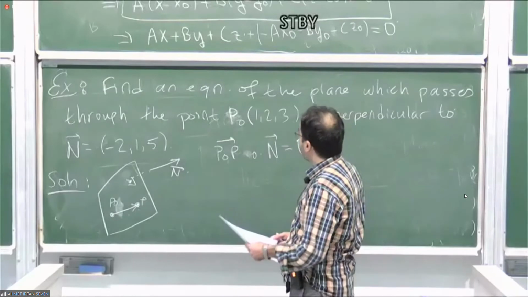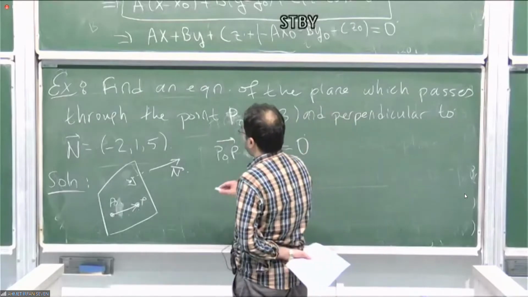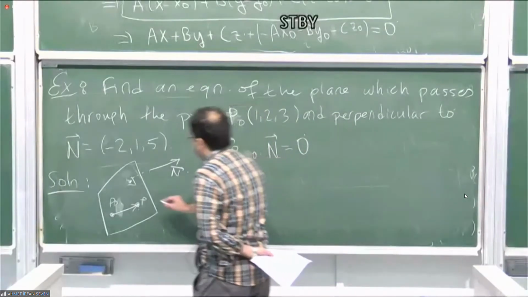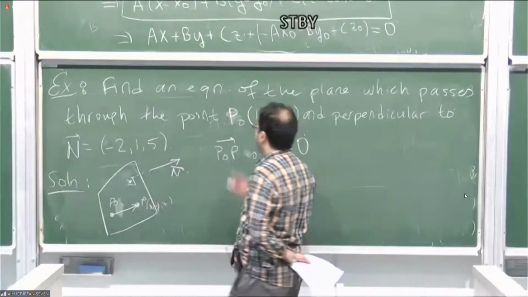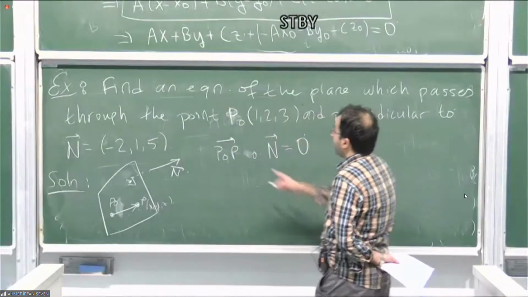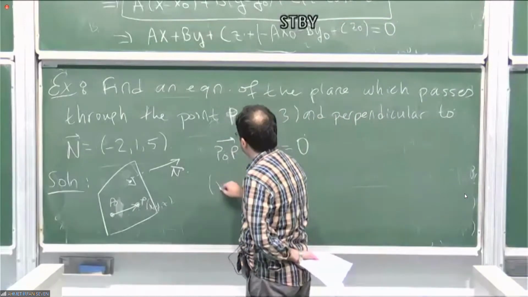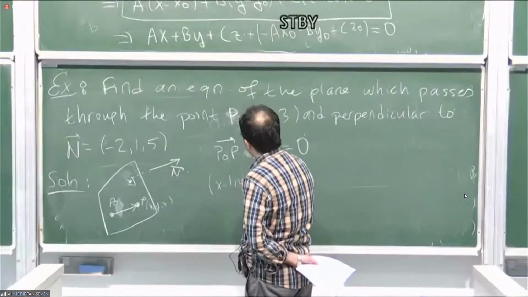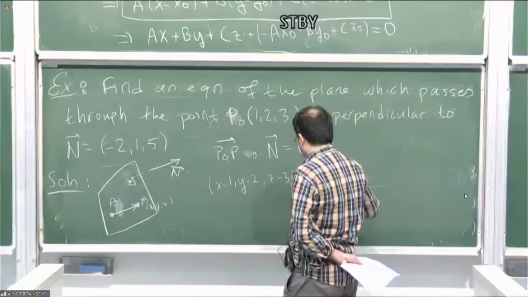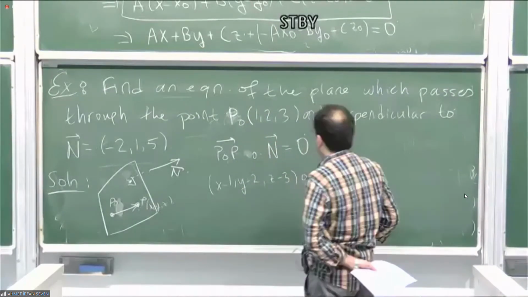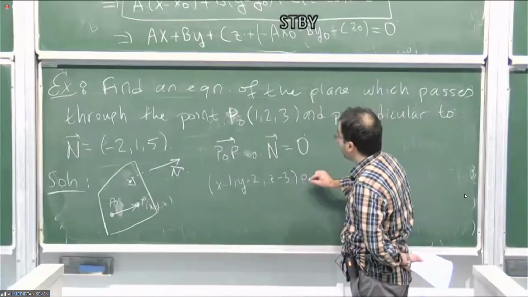Okay, let's now expand this one again as I did before. So P is now x, y, z. P is a general point, and P0P will be its components. Dot n, where n is the normal vector.